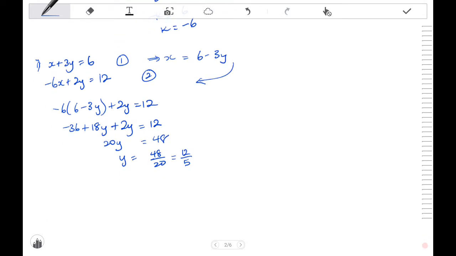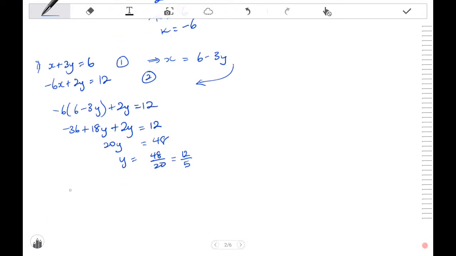So if y is 12 over 5, we know from before that x is equal to 6 minus 3 times y. So this is 6 minus 36 over 5, which is minus 6 over 5.